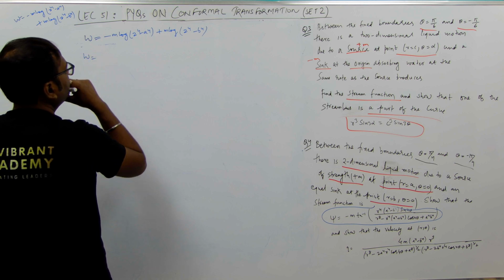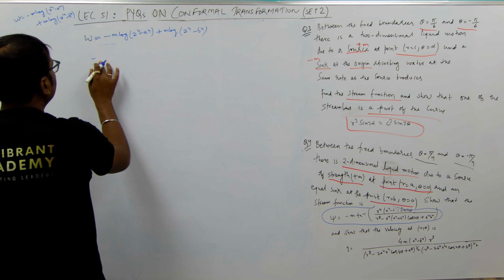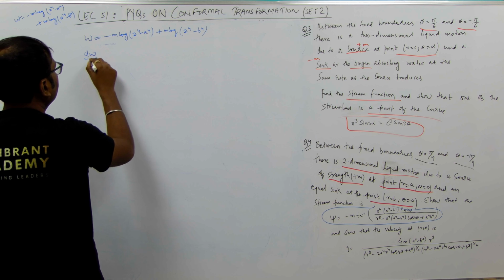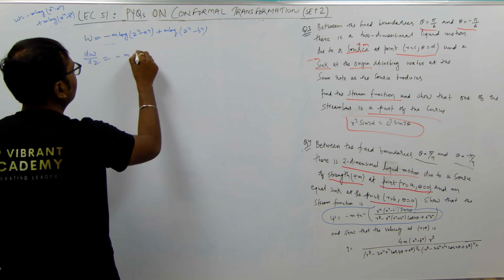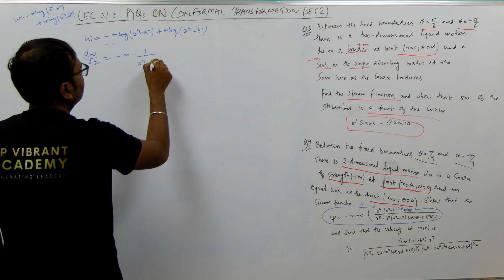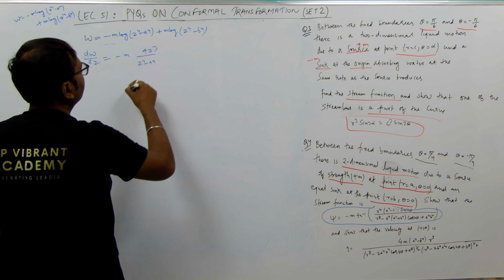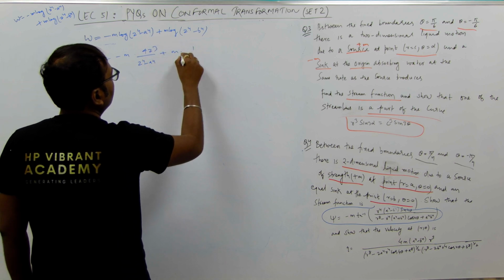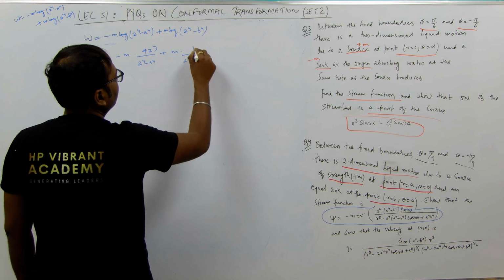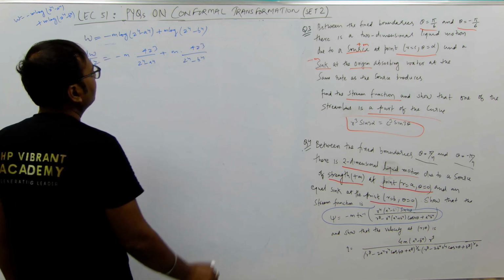So let us find dW/dz. dW/dz is equal to -m into 1 upon (z^4 - a^4) into 4z^3, plus m into 1 upon (z^4 - b^4) into 4z^3.